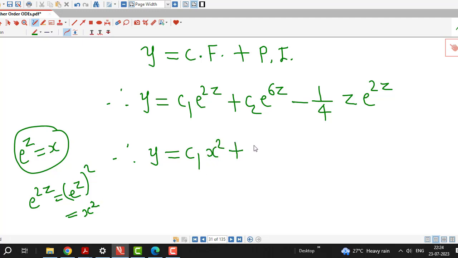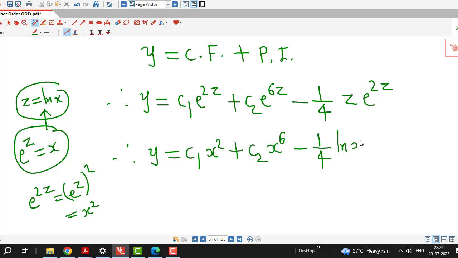Similarly e raised to 6z will be equal to e raised to z raised to 6, that is x raised to 6, minus 1 by 4, and if I have x equal to e raised to z, z is log of x. So here I will write log of x into e raised to 2z, which is x square.